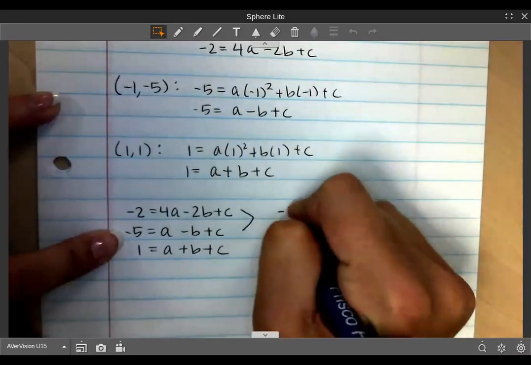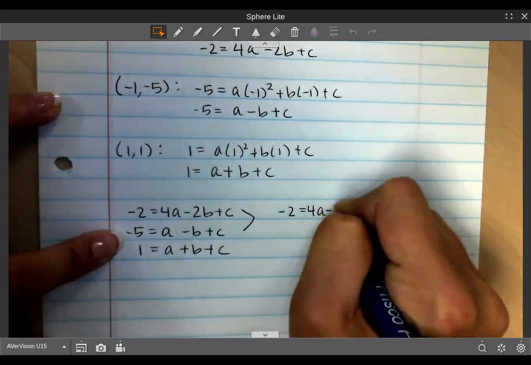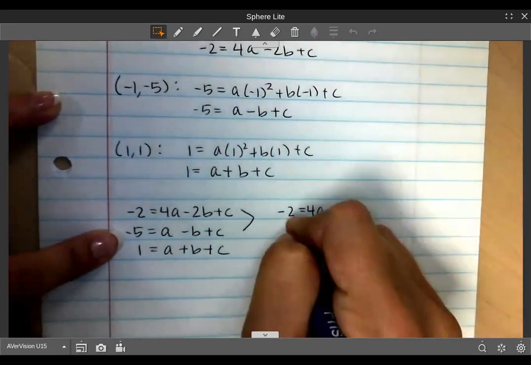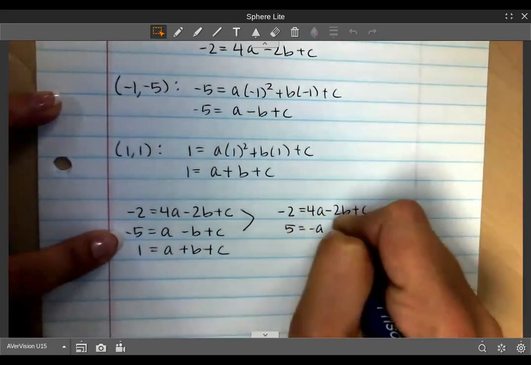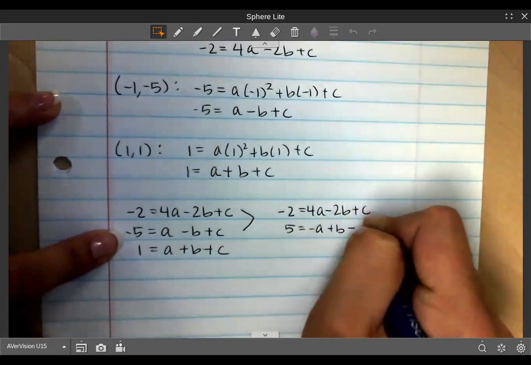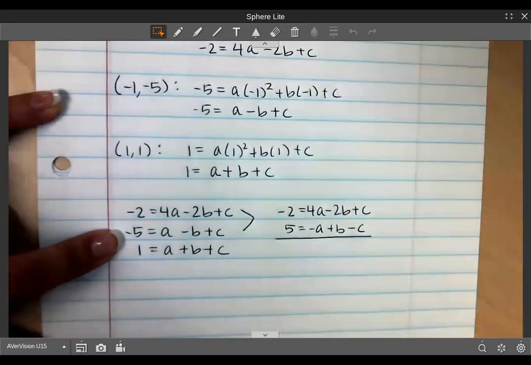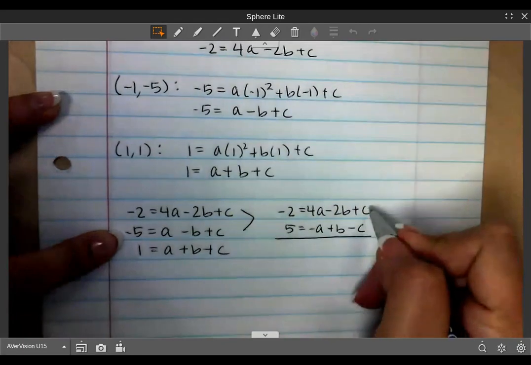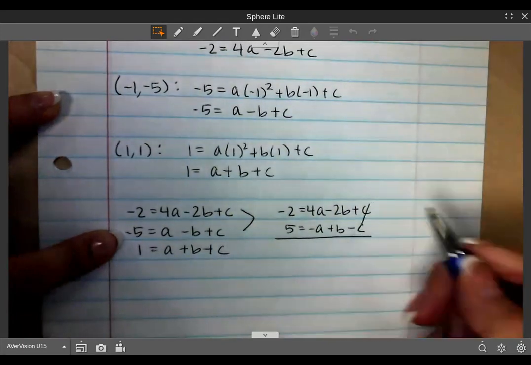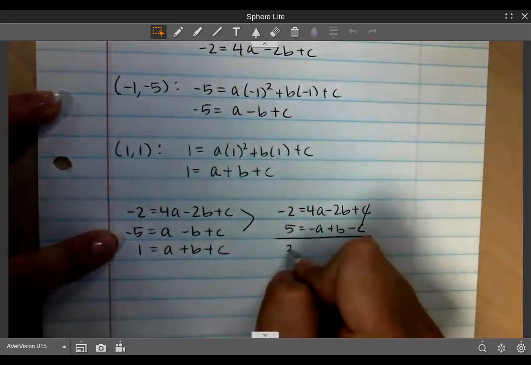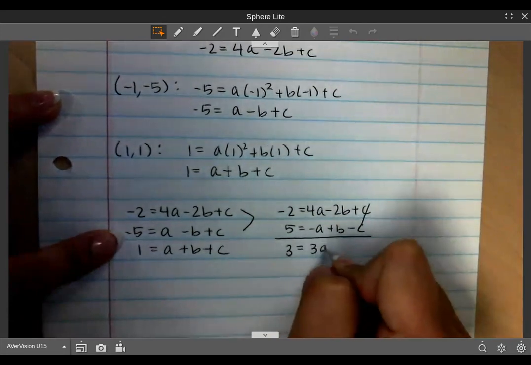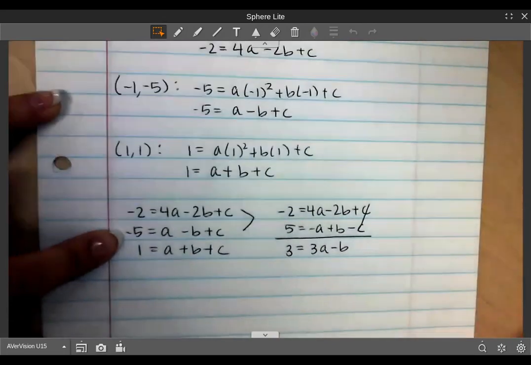The first one I could leave alone. When we add these together, the c's are going to cancel out. And so we get 3 is equal to 3a minus b.